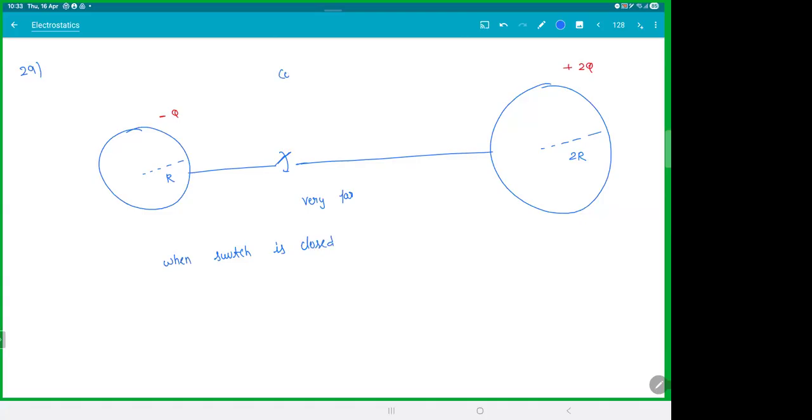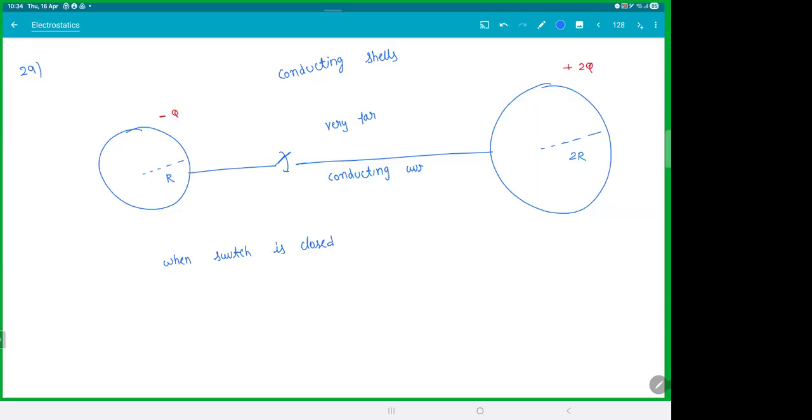These are conducting shells. Do you remember in the beginning of the chapter I told you, if two conductors are connected, what happens? The charge will transfer till the potential becomes the same. They're very far so that you don't want them to interact with each other, and they're connected by a conducting wire.